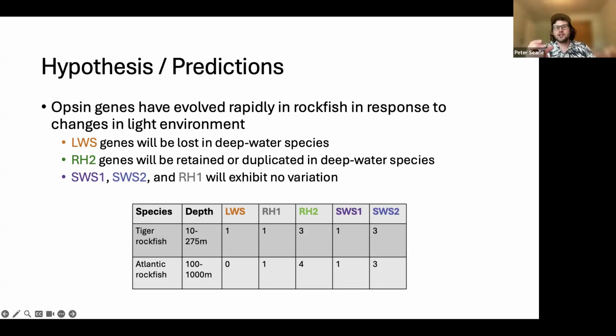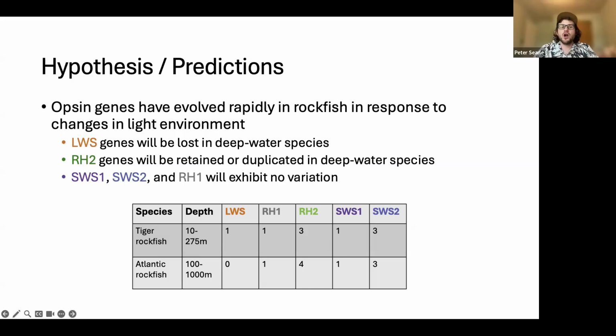I haven't really talked a lot about these other opsins, but previous studies have shown that SWS1, which is associated with the ultraviolet to violet spectrum, is typically less prevalent in deep water species, which would make sense because we're not getting ultraviolet light down that far. And then the opposite: SWS2 is more prevalent as it is sensitive to the violet/blue spectrum.